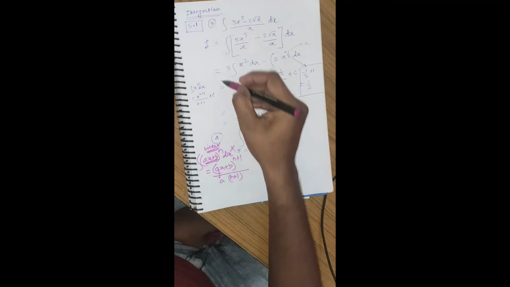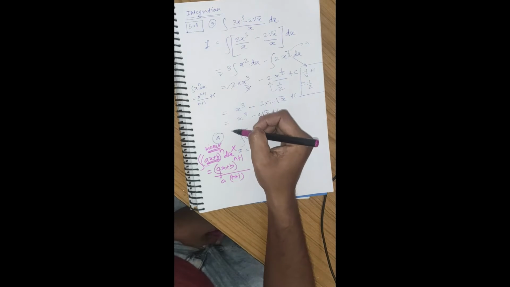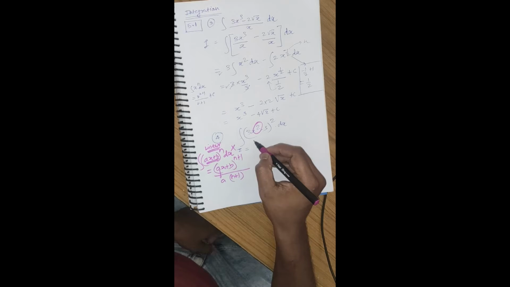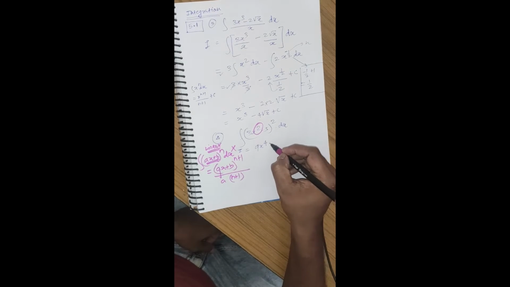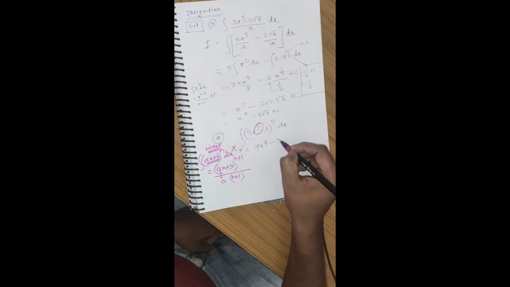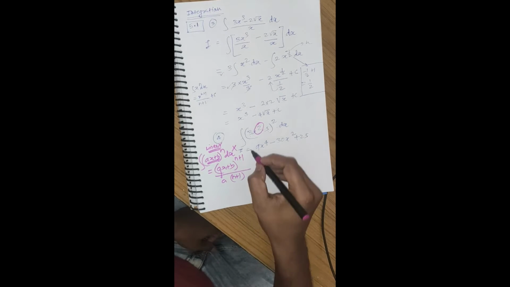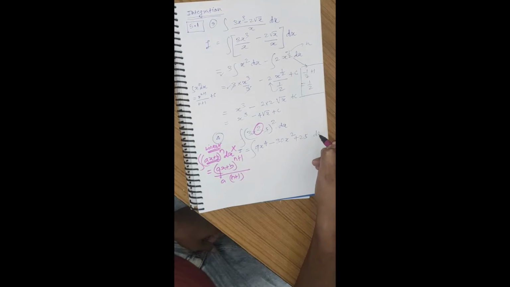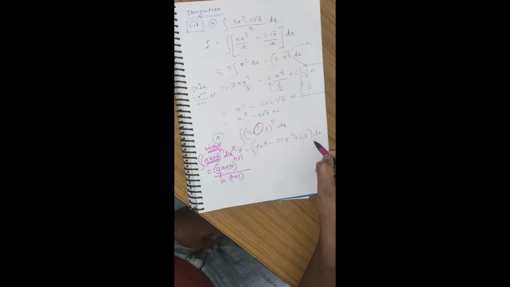I equal to, remember this equal to sign should be one below the other, so it looks good. So the expansion of this is 9x raised to 4 minus 5 3s are 15, 2s are 30 x square plus 25. We have to integrate this with respect to dx. Always make this bracket so that you don't have to separate now.